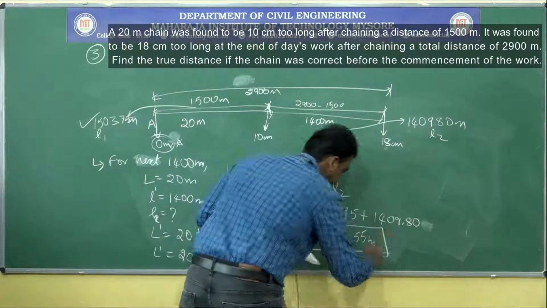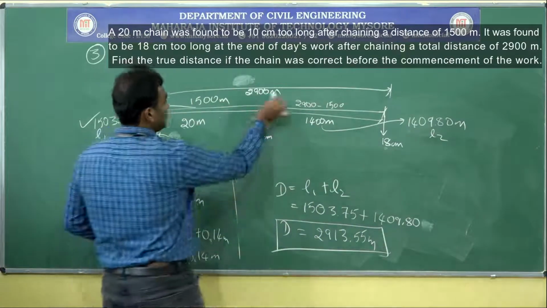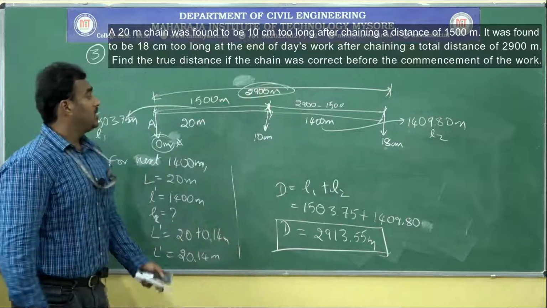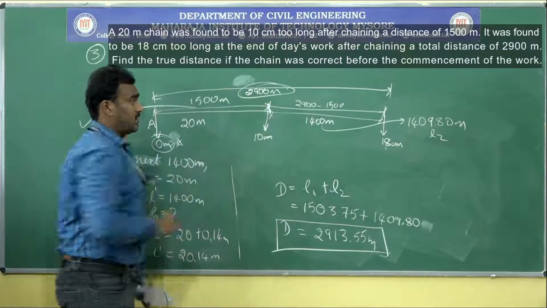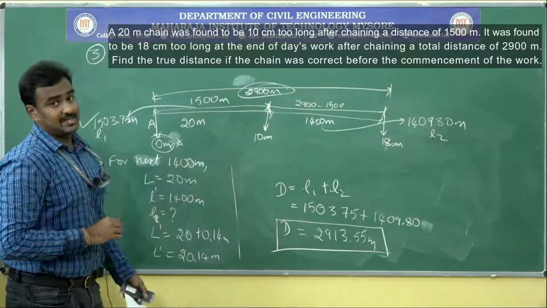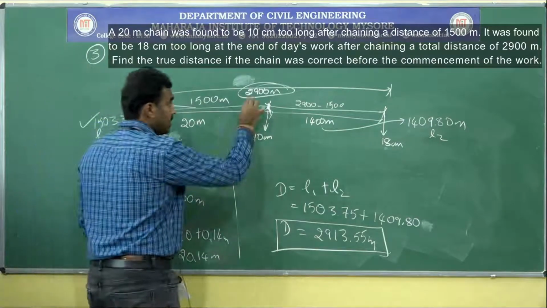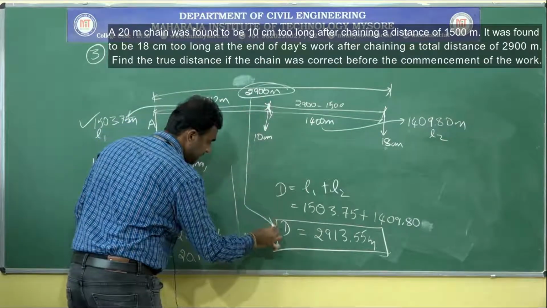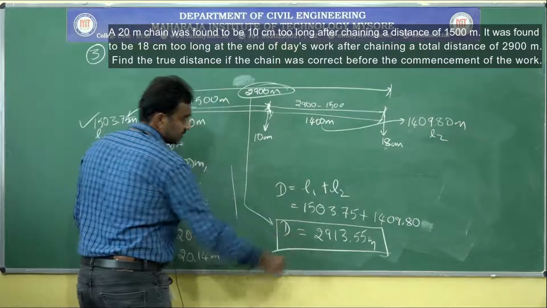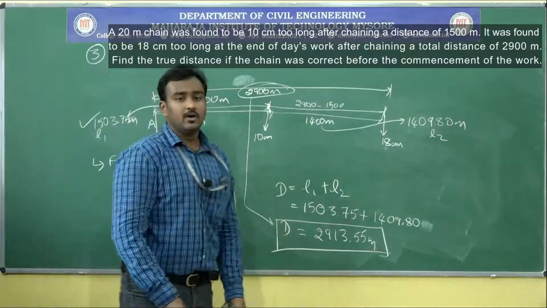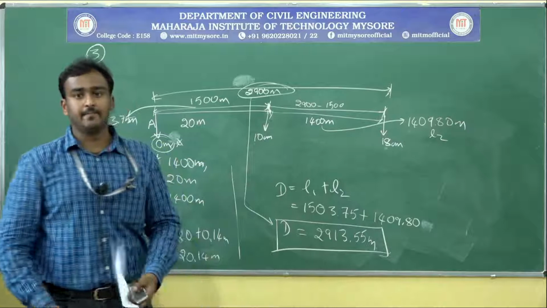So this is the answer which we need. Earlier it was measured as 2900 due to incorrectness, and if we correct for the incorrectness, this will be the true length of this survey line.